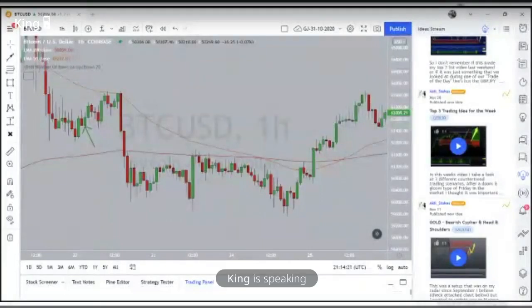Okay, so hammers are more sort of reversal candles.